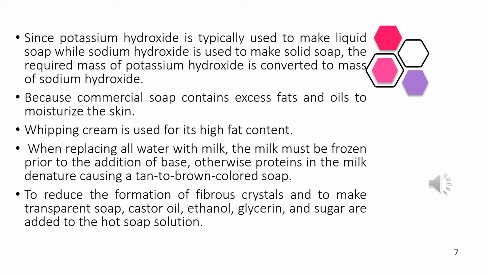These ingredients are castor oil, ethanol, glycerin and sugar. These ingredients are added to the hard soap solution to make the transparent soap. The molten soap is cooled slowly. After it is cooled, it will be hardened.